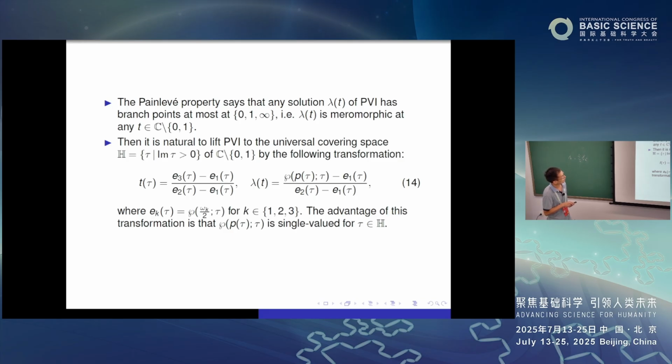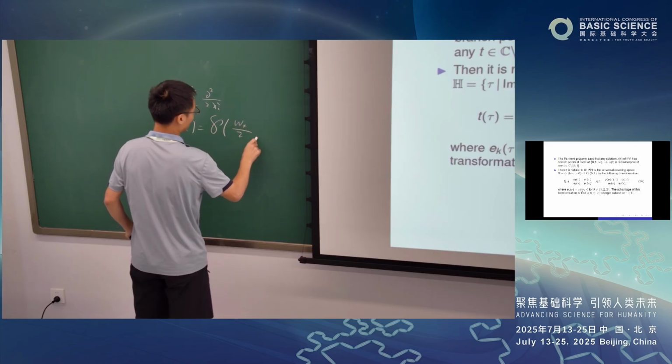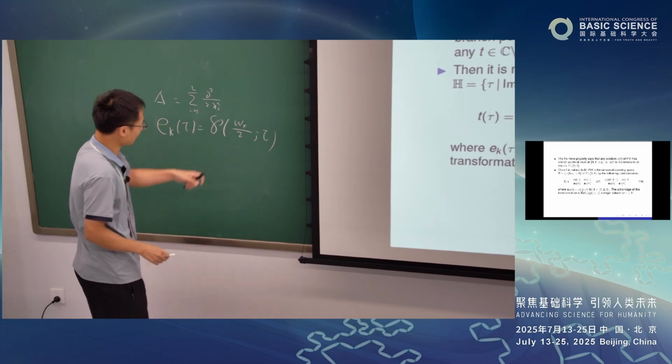For any other point not 0, 1, infinity, the solution is meromorphic at those points. So it is natural to lift this equation to the universal covering space, the upper half plane H, by the following transformation. This is the P function, and e_k(tau) is the value of the P function at the half periods.